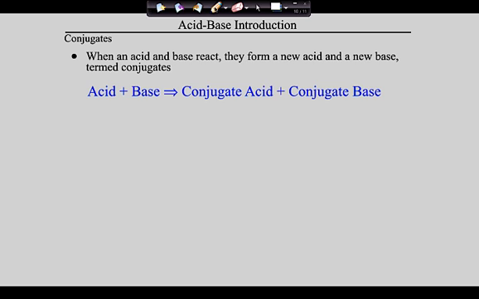So guys, I think what I'm going to do, and this isn't in the notes, but I just want to give you an example and see if this example drives home the idea. So let's do this. Let's go HCl. You're going to want to do this with me. And NH3.